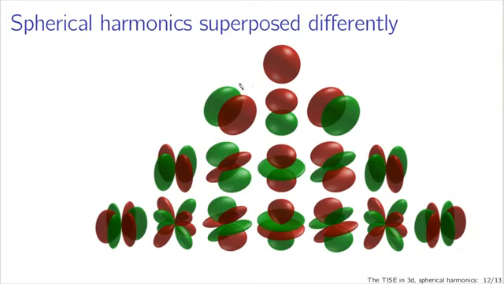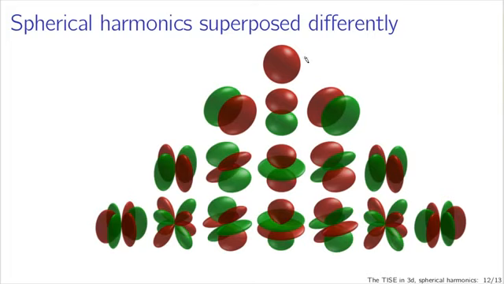What you had for our complex spherical harmonics, the way our textbook, Griffiths, defines them, was just e to the im phi. There were never going to be any angles phi where there were zeros for the amplitude of that spherical harmonic. But if I superpose e to the plus im phi and e to the minus im phi, I can end up with zeros, the same sort of way that we ended up with zeros adding up sines and cosines.